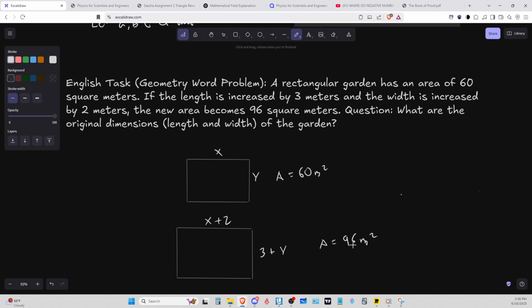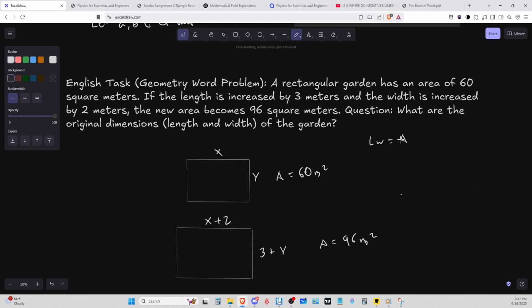Yeah, this type of problem, I think it's more effective to actually draw the picture, because when you draw the picture, it shows you how to visualize it. Visualizing it makes the math a little bit easier to see. So basically, what we know about a rectangle is that length times width equals the area, right?